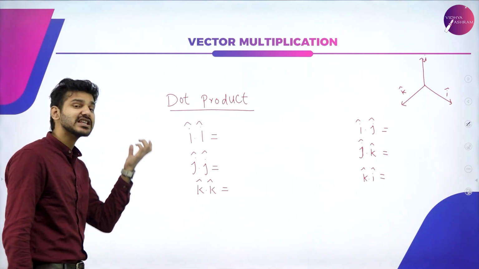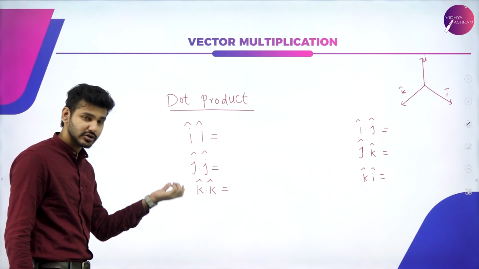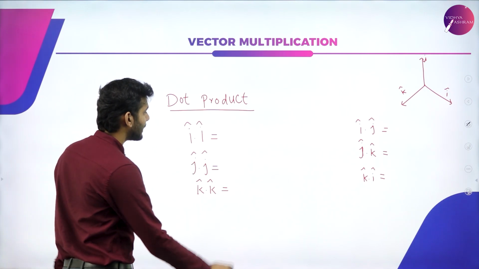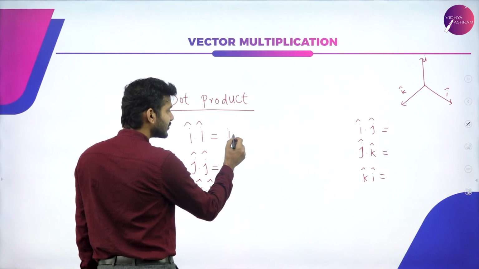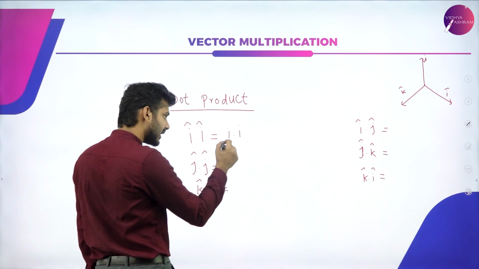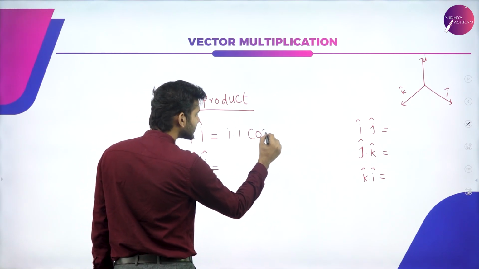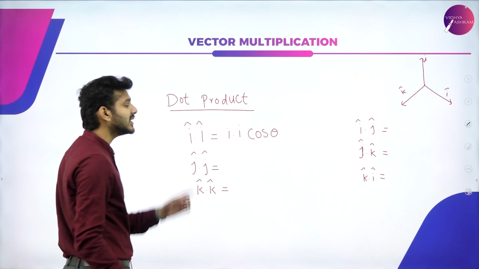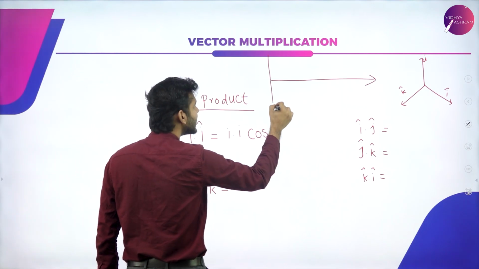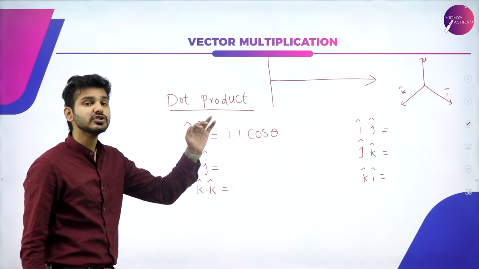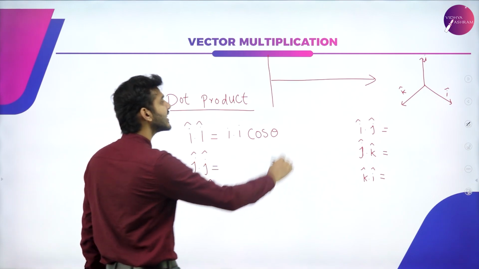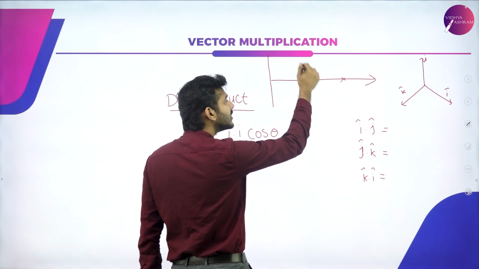Now, if we take the dot product of these particular quantities, it just means the magnitude of i into the magnitude of i times cos theta, the angle between i and i. If I am taking the unit vectors both in the same axis, then these are not two perpendicular lines.